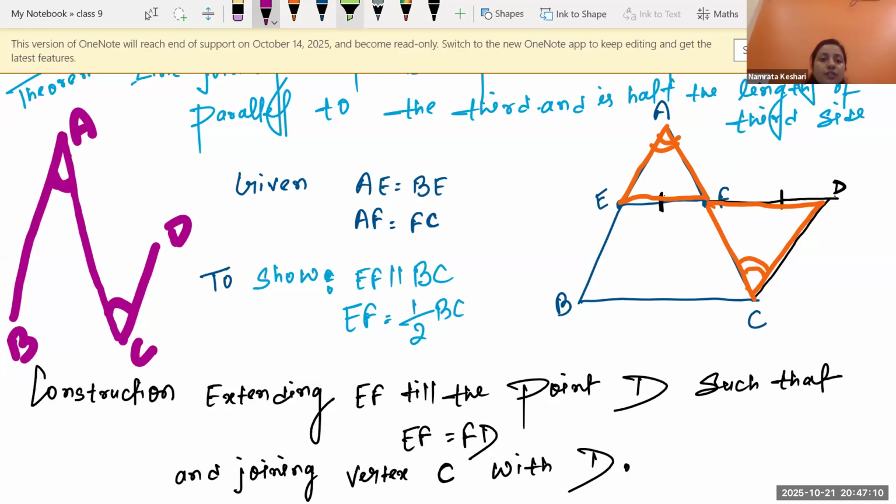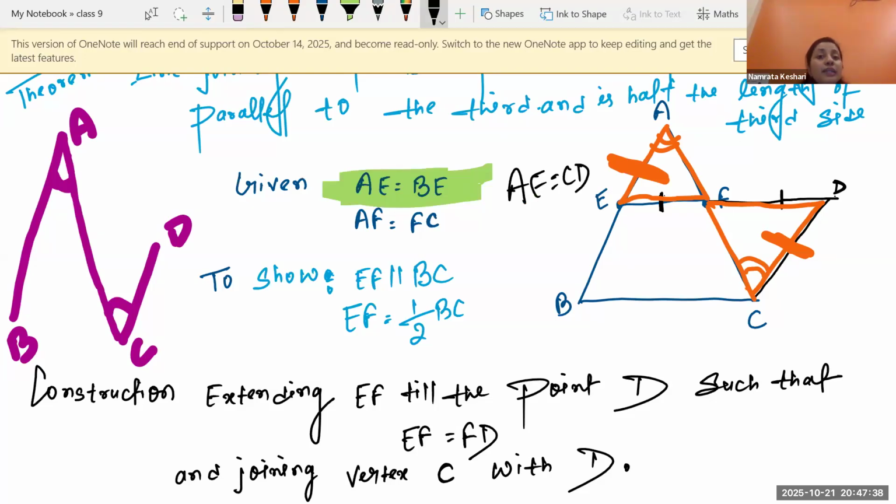Now see carefully this condition. AE and BE are the same, right? And from congruency, CPCT, you will also be getting that this side and this side are equal. You will be getting AE and CD the same.